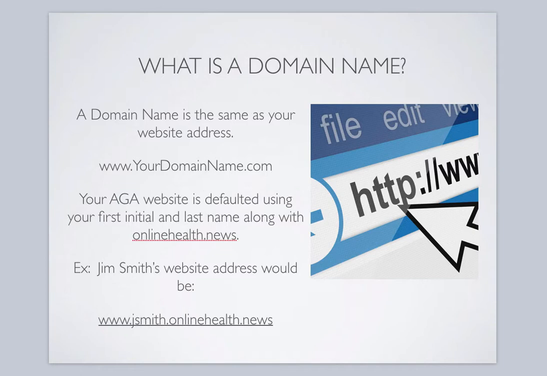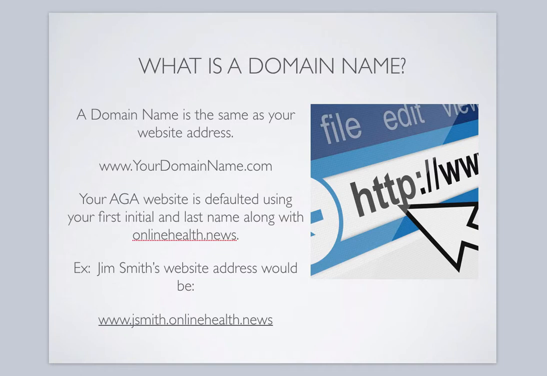So when you have a website from AGA through the website program, the web address is defaulted using your first initial and your last name along with the suffix onlinehealth.news. So for instance, if your name is Jim Smith, your website address would be www.jsmith.onlinehealth.news.